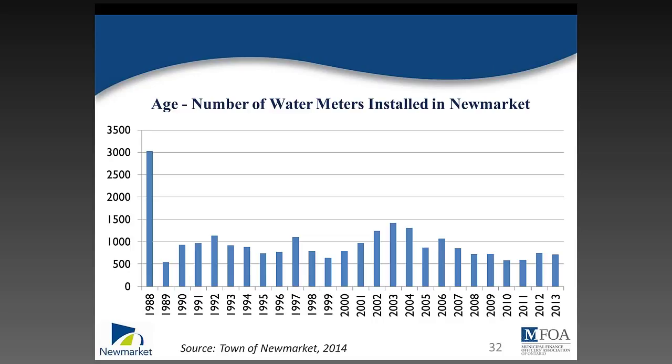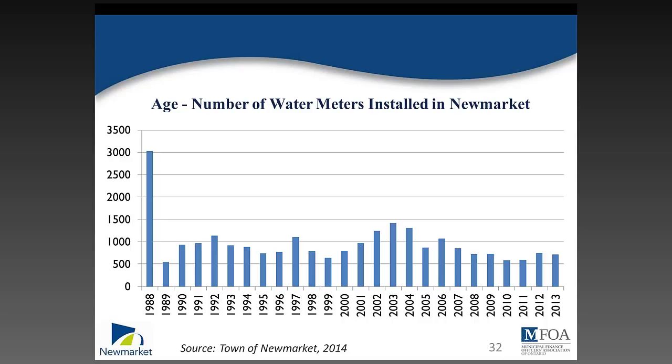So when I was working on the water pricing policy, I collected the data for our meters from our billing database and graphed it out like this. And the meters do look a little bit like a suspension bridge, but it doesn't have anything to do with that other than that's when growth happened.